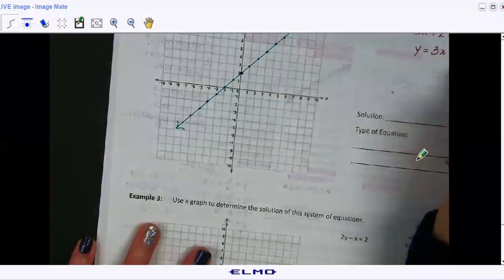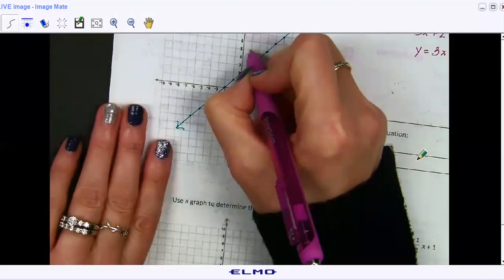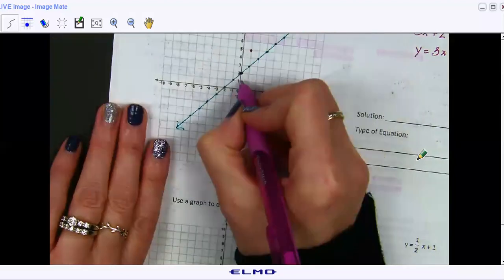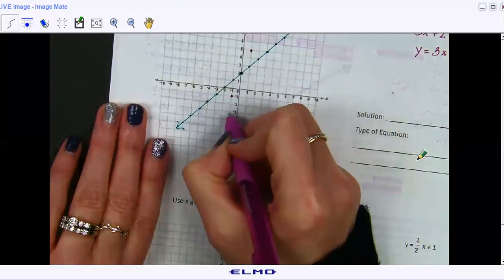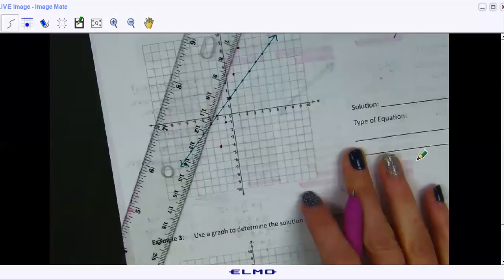For the second one, I plot a point at 2, but this time I'm going to rise 3, run 1 in the positive direction. And then I can graph my line.